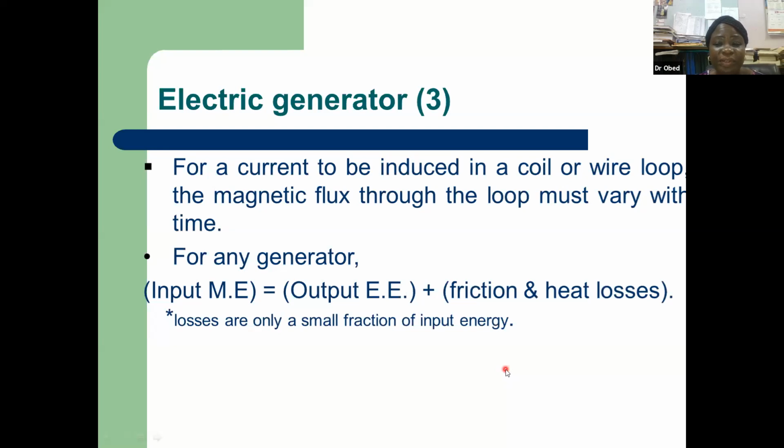For a current to be induced in a coil or a wire loop, the magnetic flux through the loop must vary with time. So for any generator, the input mechanical energy is equal to the output electrical energy plus friction and heat losses. The losses are only a small fraction of the input energy anyway.